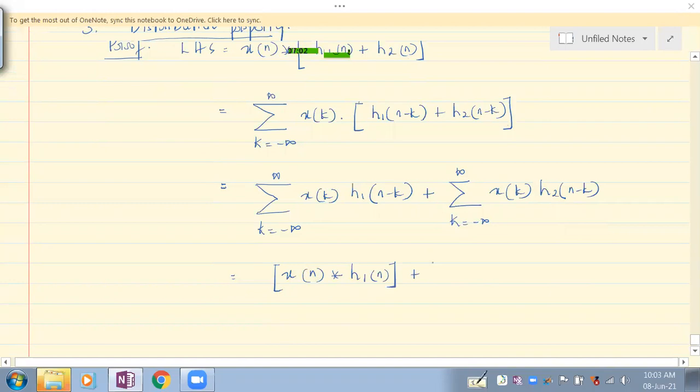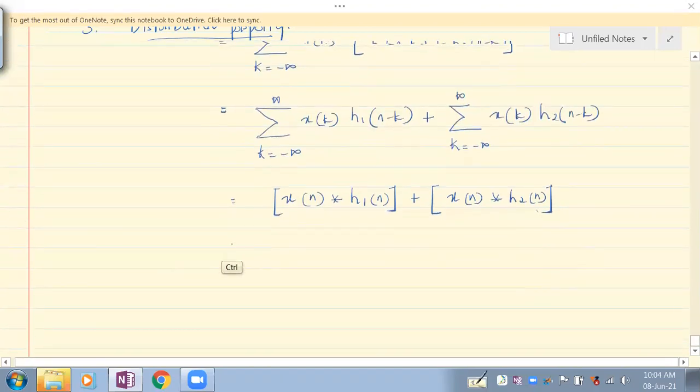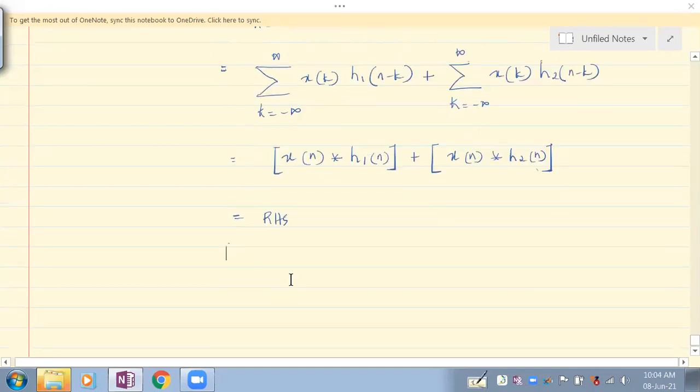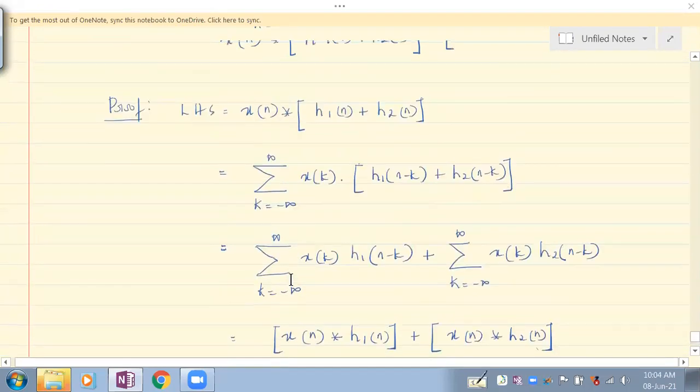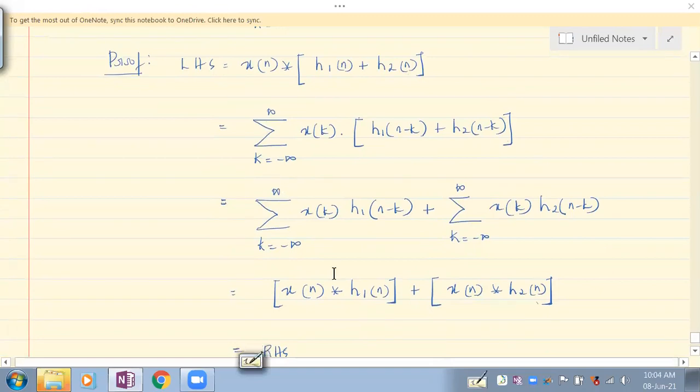And the second term tells you that it is convolution of x of n and h2 of n. Fine. So this is your RHS. So LHS is equal to RHS. This is a quite straightforward proof. There's nothing much to get confused. It's very neatly reduced to RHS.